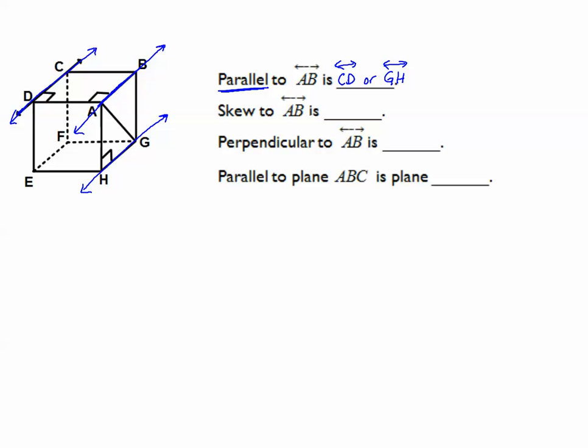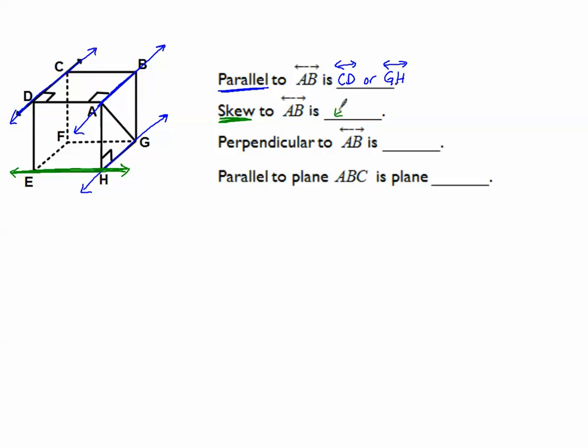Now, skew, on the other hand, the lines that are skewed to AB, those are going to be ones that don't intersect but in a different plane. What does that mean, in a different plane? Well, the plane of the side of the box includes line AB. But line EH is a line that's never going to touch line AB because it's at the bottom of the box. However, it's not in the plane that AB is. It's in a different plane.